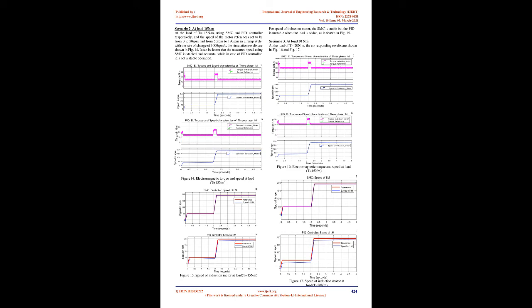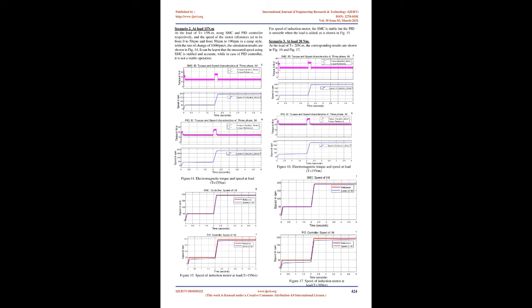Scenario 1. At no load, T equals 0 N.m. The results of using SMC and PID controllers to control the electromagnetic torque and speed characteristics of the three-phase induction motor at no load are shown below. The gain values of PID are Kp equals 10, Ki equals 2, Kd equals 0.1, along with the SMC gain.